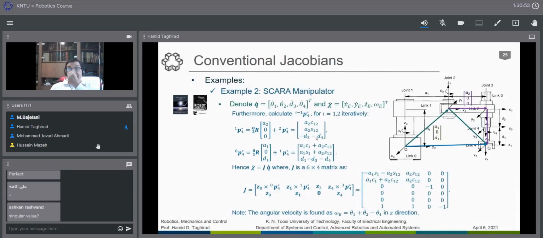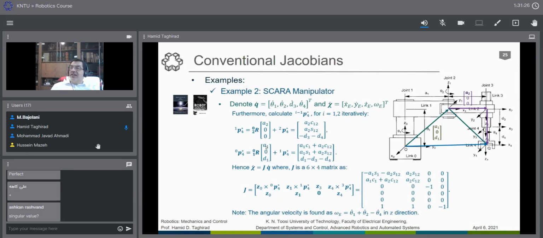We have also the z direction and we have the x and y direction as well. And finally, the blue vector here could be considered as the addition of these two frames. Now we have this frame, we can add these two together. Again, as you see, this vector has a1 in the x direction and d1 in the z direction.